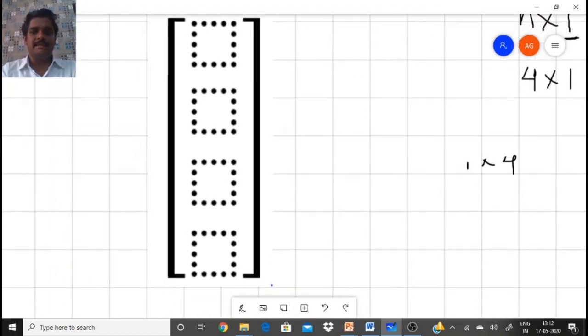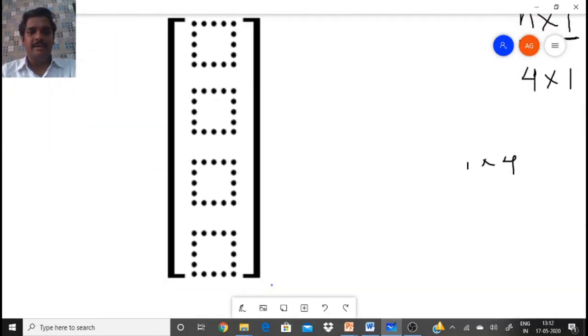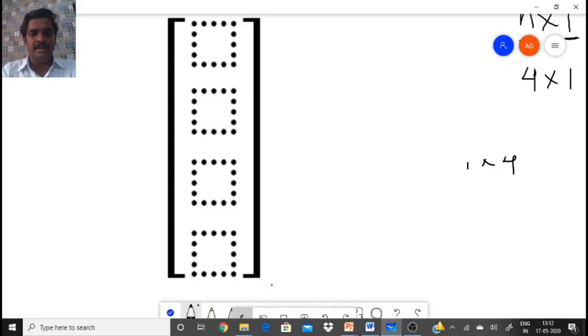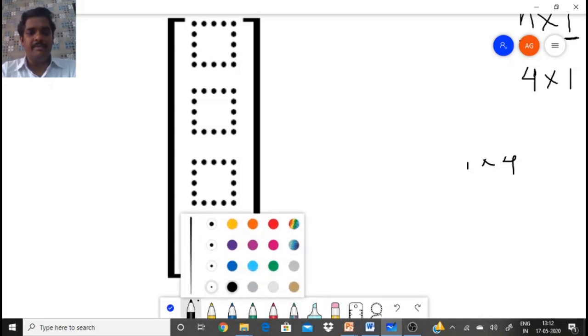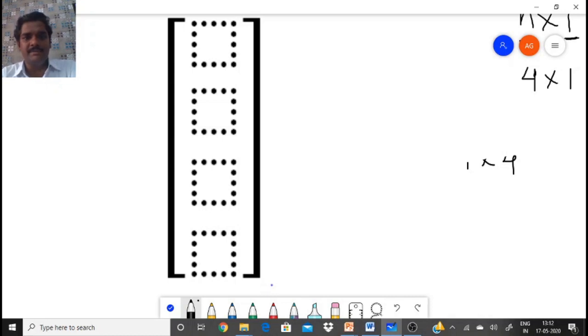So here is that example. You all can see we have a column matrix. Why a column matrix? Because if you see the structure, that is having a single column and that is having multiple rows. There are 4 rows. So this matrix is having order 4 by 1.